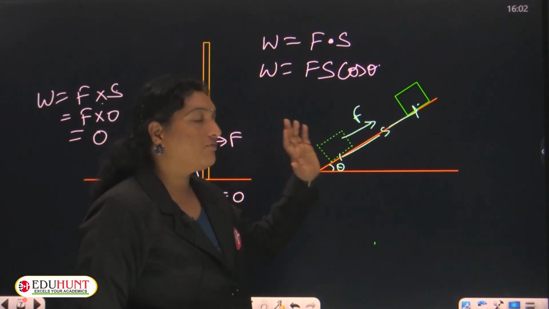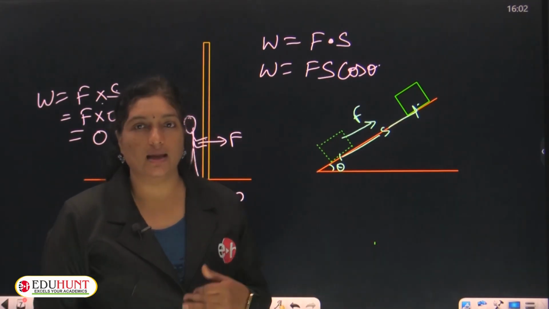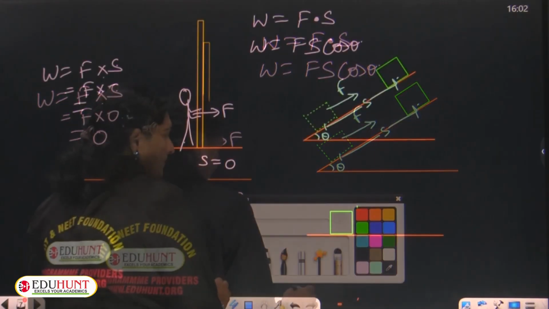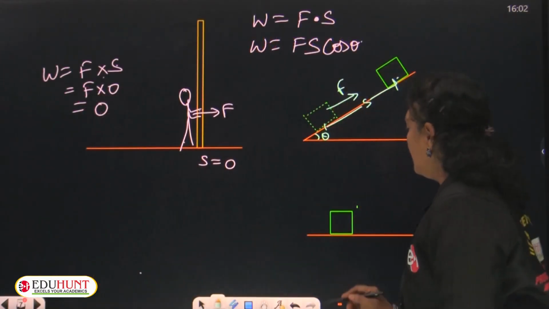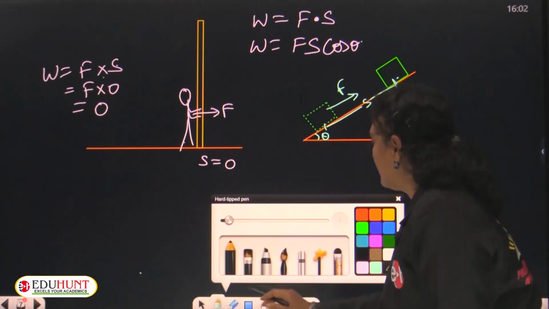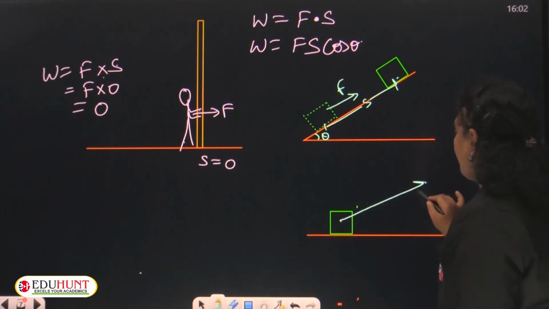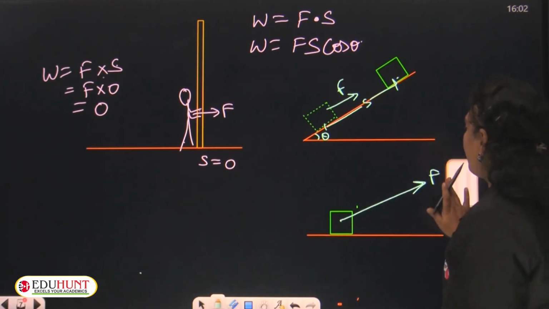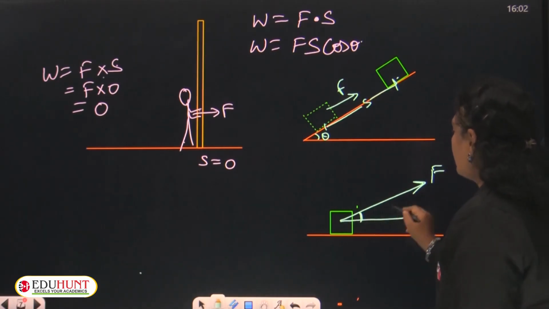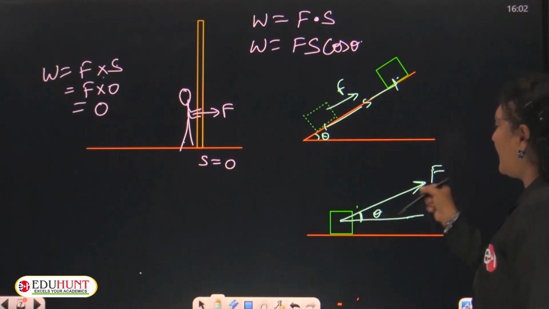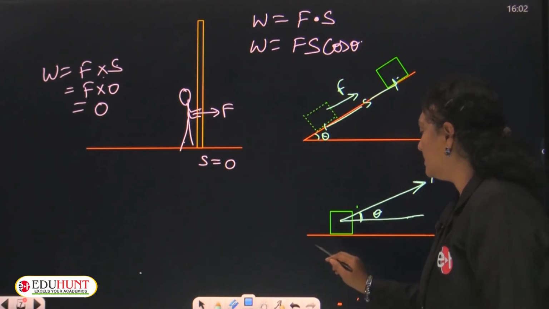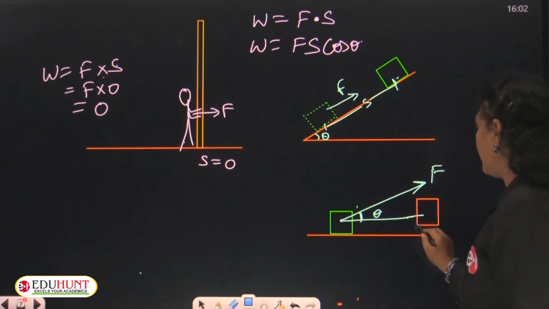So whenever the force acts on a body at some angle, something like this. Well, this is a better example, children. Let us suppose that the body is lying on the floor and, due to the application of force F at some angle to the horizontal, the block moves to a new position somewhere here.